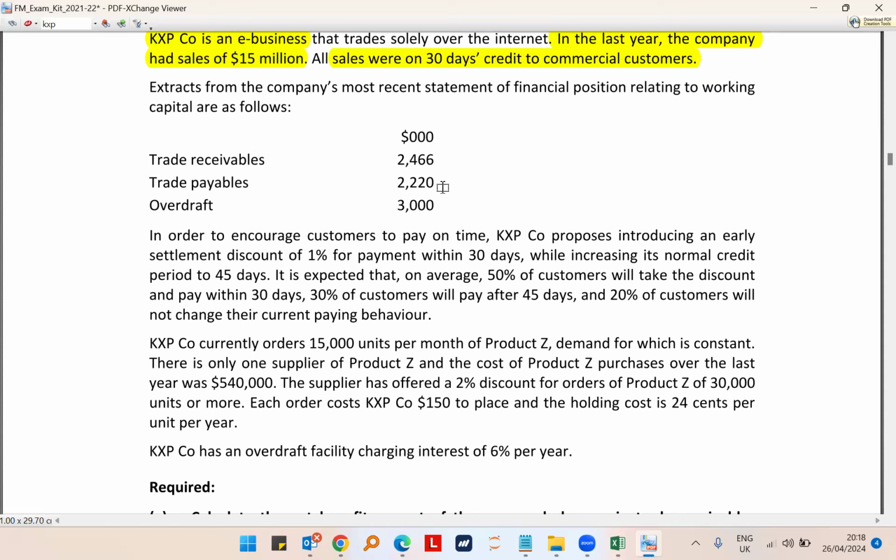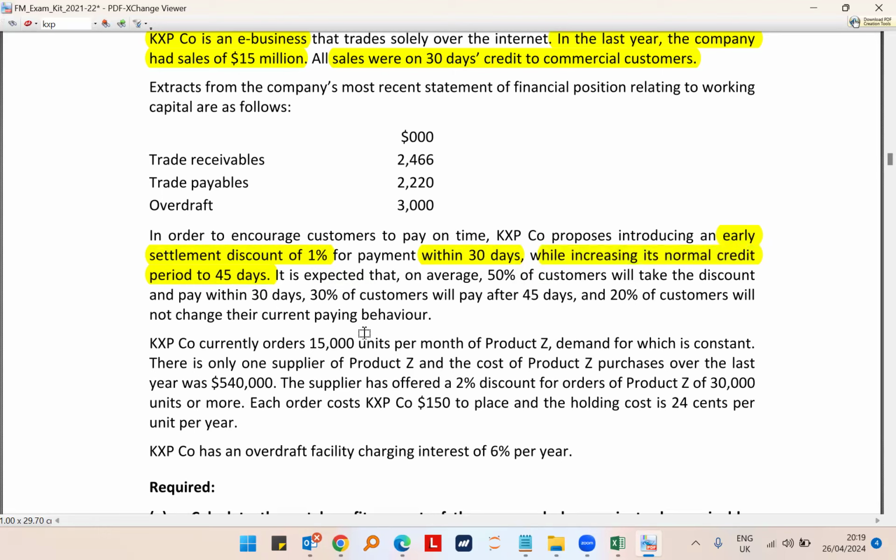In order to encourage customers to pay on time, KSP proposed to introduce an early settlement discount of 1% for payment within 30 days, while increasing the normal credit period to 45 days.